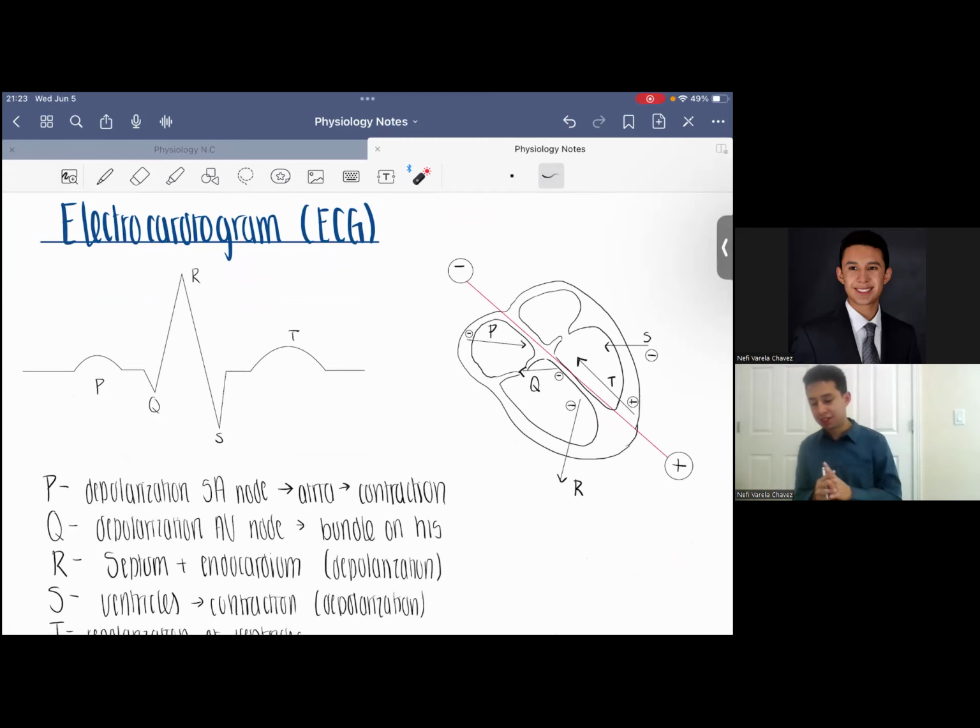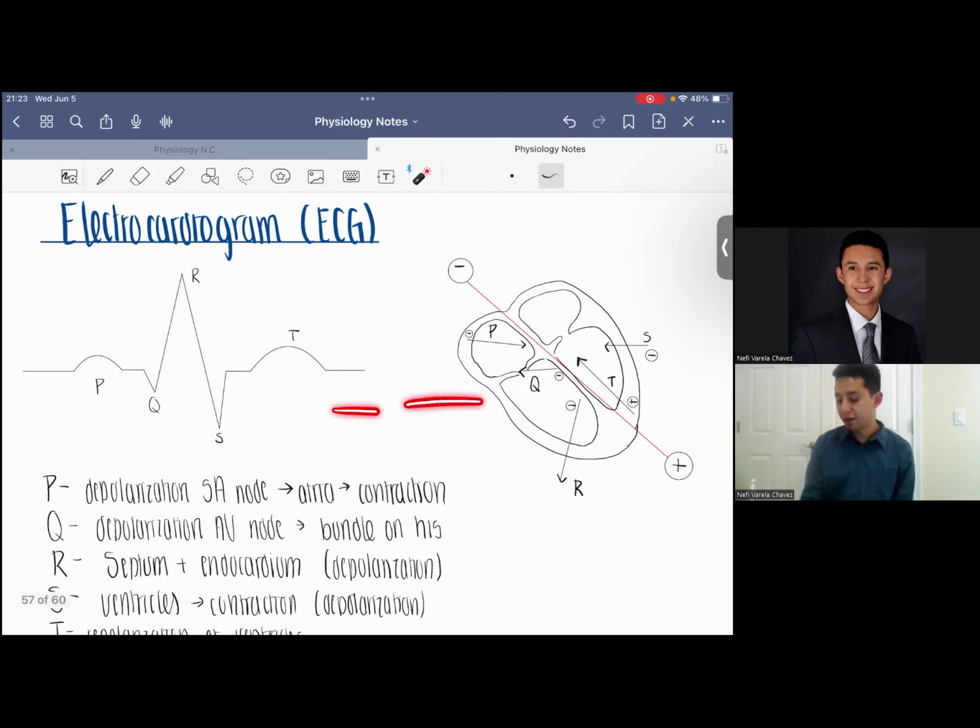I said previously that I'm going to teach you how to read them, so that's what I'm going to do. Okay, so if we're depolarizing, we're saying that the ECF can become more negative. So we have a negative electrode that is gonna propagate towards the positive charge. If we have negative going to positive, we're gonna see this wave go up.